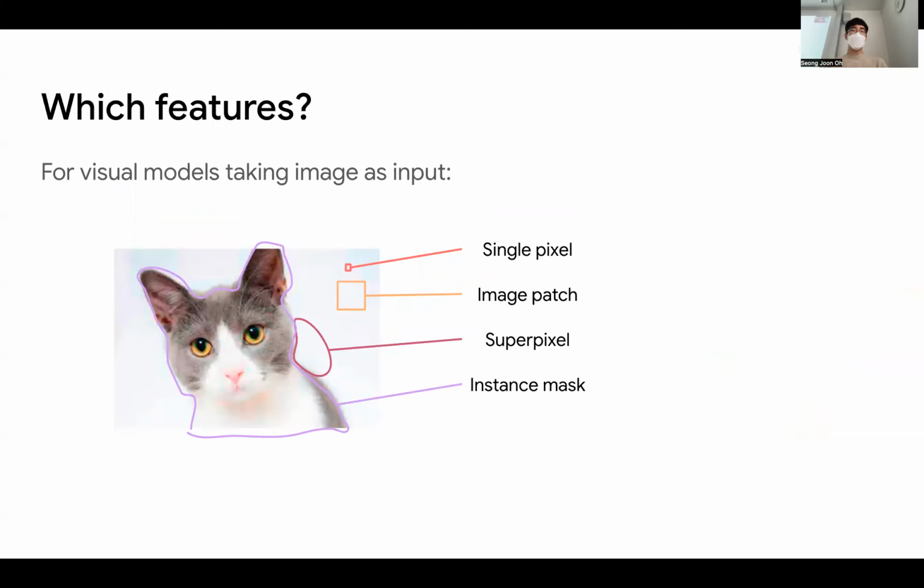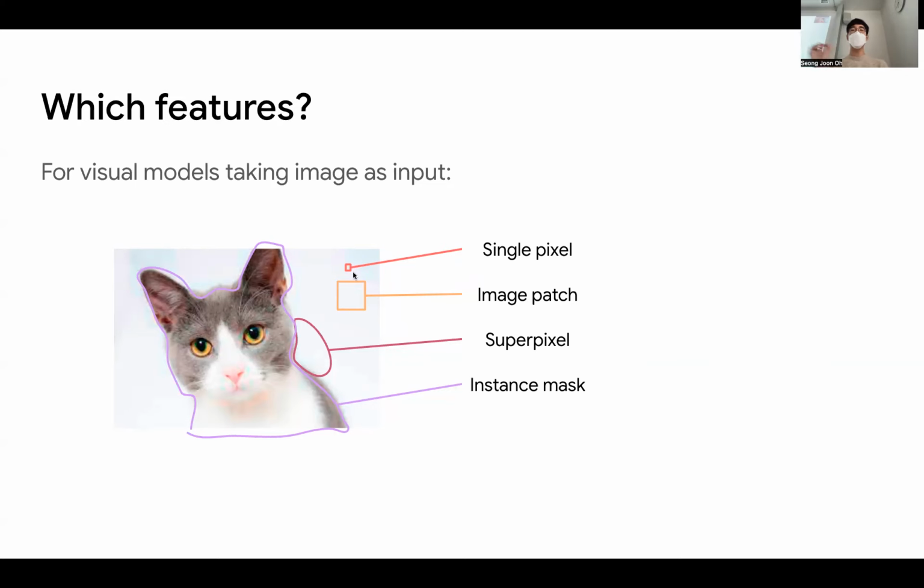So I talked about features now, right? I try to generalize the notion of pixel or feature to any kind of aggregation of inputs to a model. So for example, for visual models, it takes an image as an input.